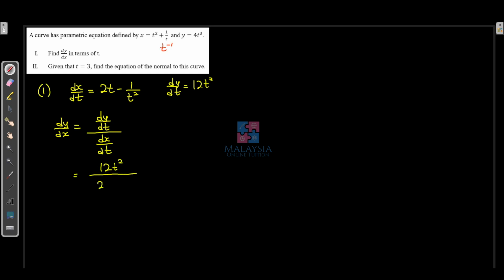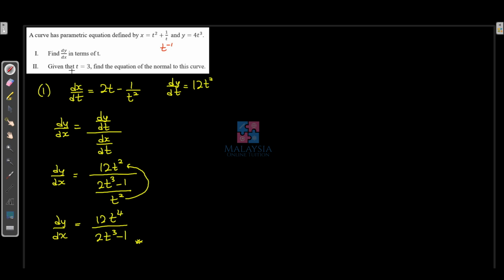We will get 2t cubed minus 1 over t squared. So you can bring the t squared up like that. So that is going to be 12t to the power of 4 over 2t cubed minus 1 for our dy dx. So this is the final answer for the first part, which is dy dx in terms of t.